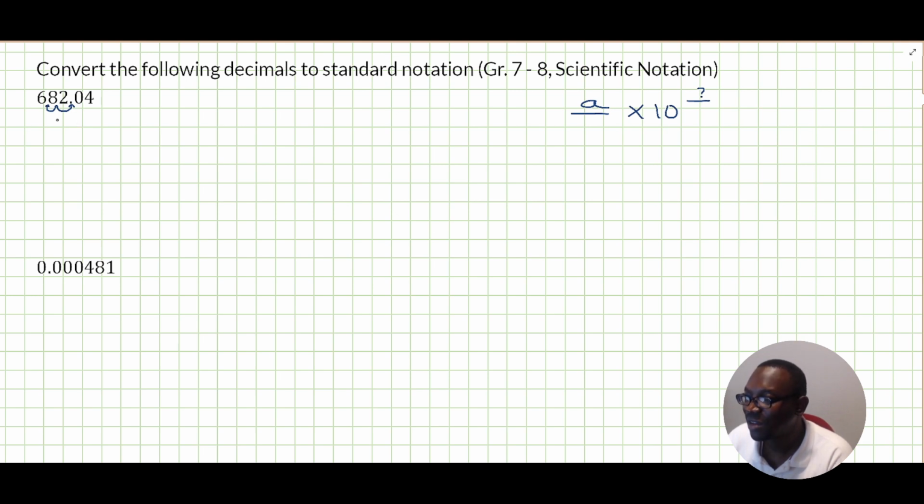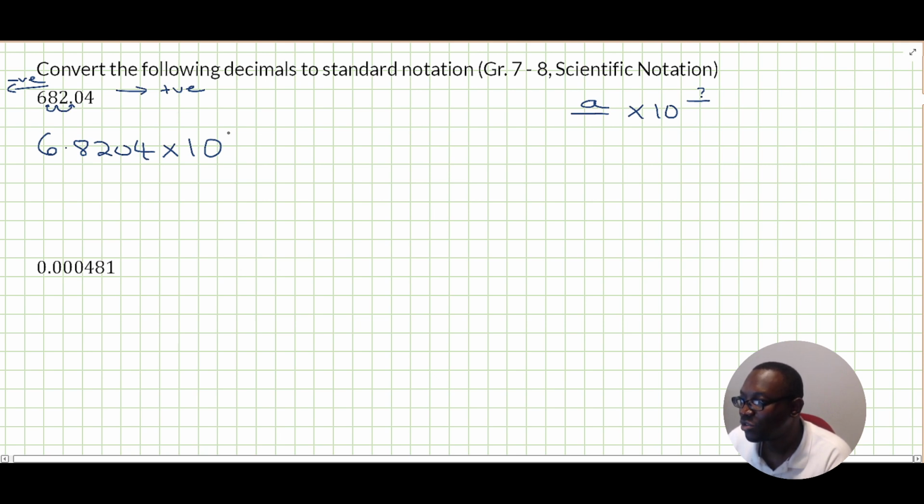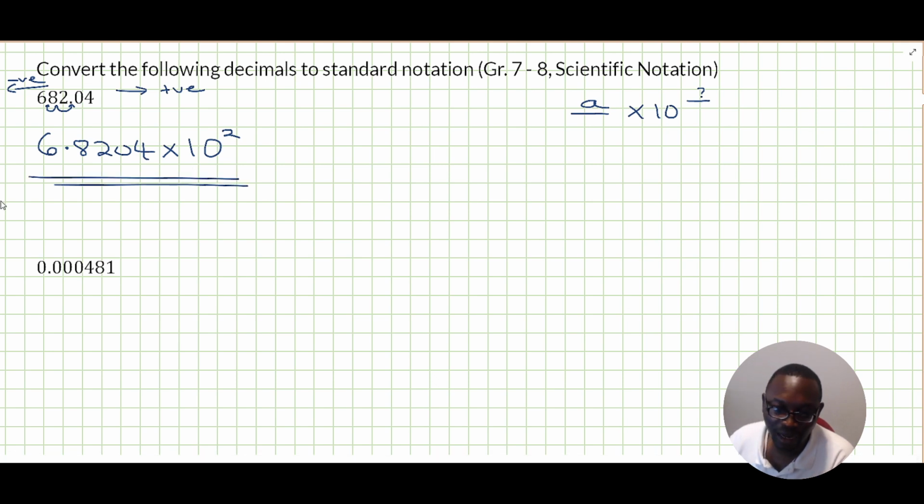And in what direction is that? Most of the time in math, if you're going towards the right, you're positive, and if you're going towards the left, you are negative. So now we have 6.8204 multiplied by 10. Now let's see, how many hops did we make? We made 2 hops to get from where we really should be to where we are. So that is how you get your standard notation.